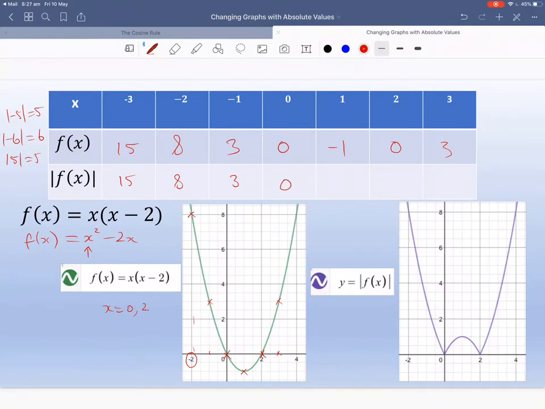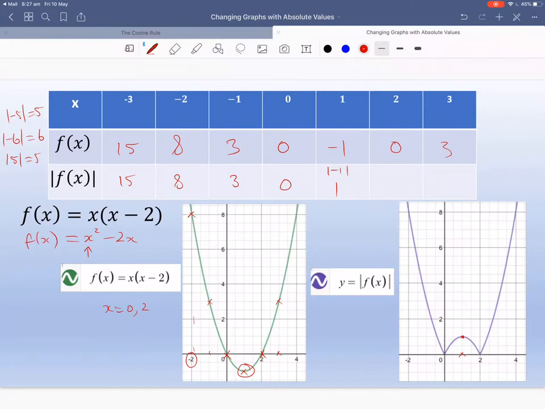Now, here is where it changes. This next one, what is the absolute value of -1? Well, it's just 1. And we can see on the graph here that at 1, instead of being down here, it flips up to here, because of the nature of the absolute values.